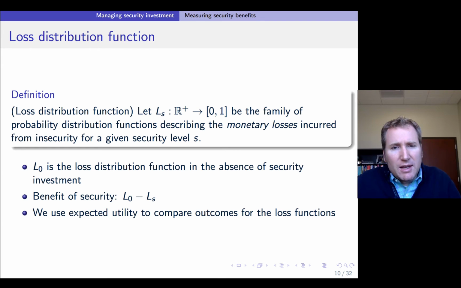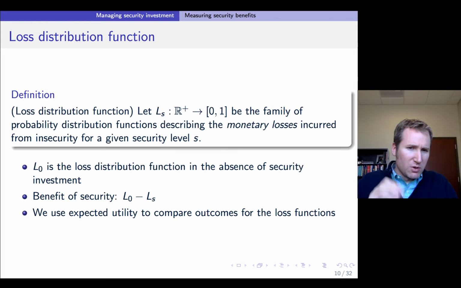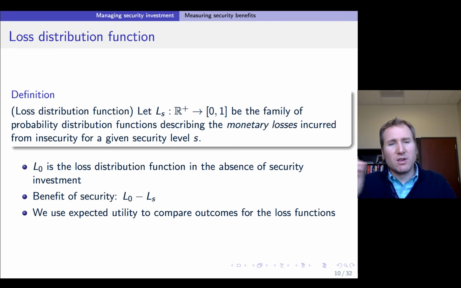We're going to define a couple of special loss distribution functions. L0 is the baseline one. It's the loss distribution function where you don't make any security investment. And then our benefit of security can simply be calculated as the difference between the loss distribution function with no security and the one where you invest at a security level of S. One thing to note here is that we are measuring losses as positive numbers.